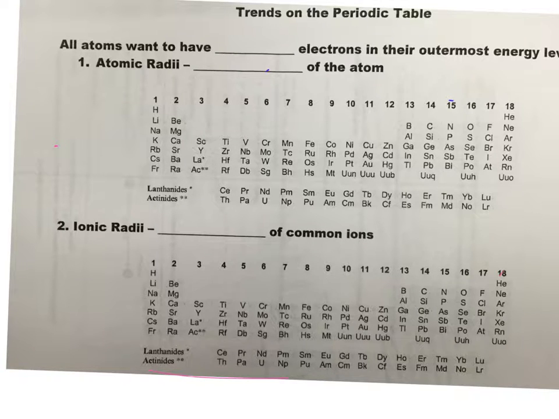So your trends on your periodic table, aside from Coulomb's law, are kind of based off of the fact that all atoms want to have how many electrons? How many electrons does every atom out there want? 8. So put 8 on there. It's kind of based off of that as well, okay? So that love of electrons and all that good stuff.